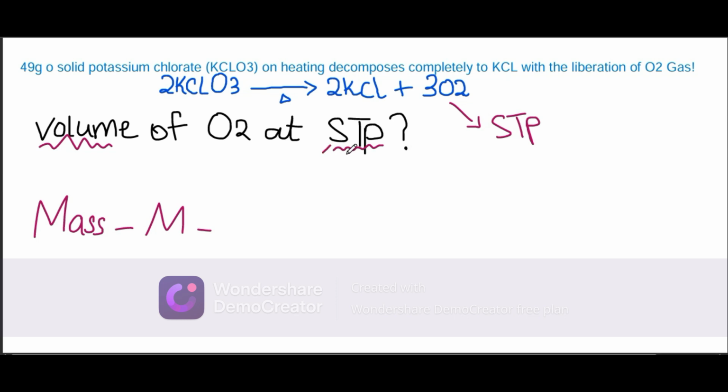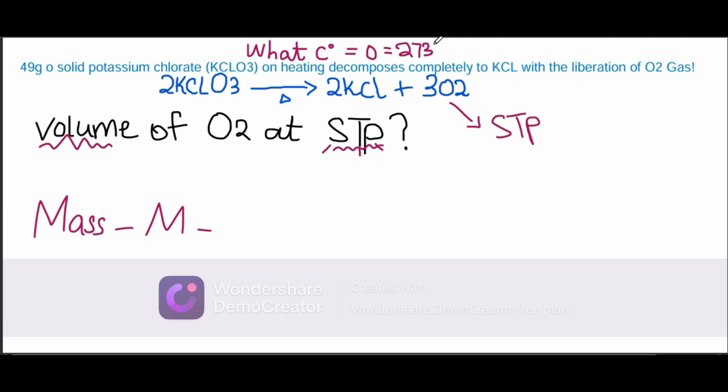You know that STP stands for standard temperature and pressure, and here the temperature is 273 Kelvin, which equals 0 Celsius. So 0 Celsius equals 273 Kelvin.